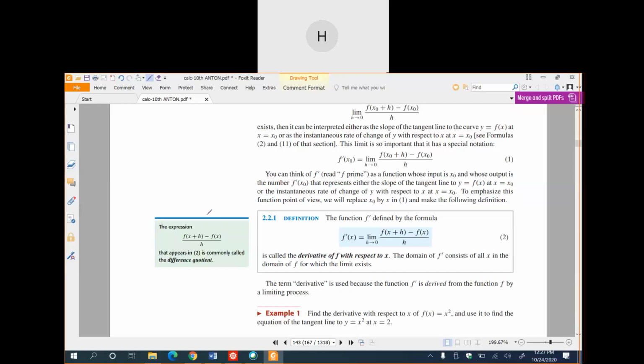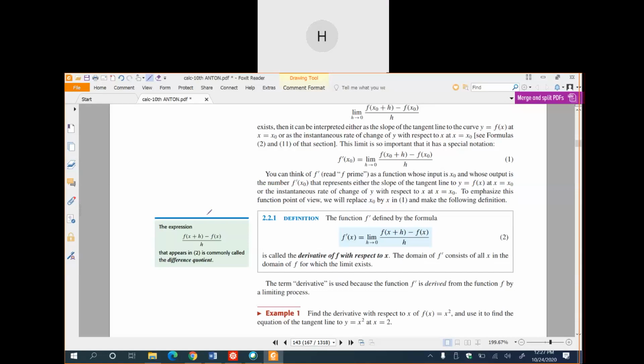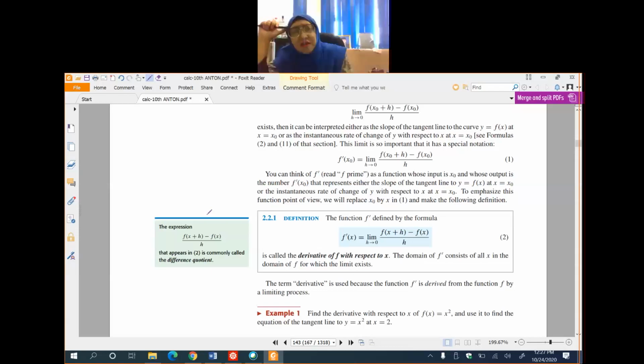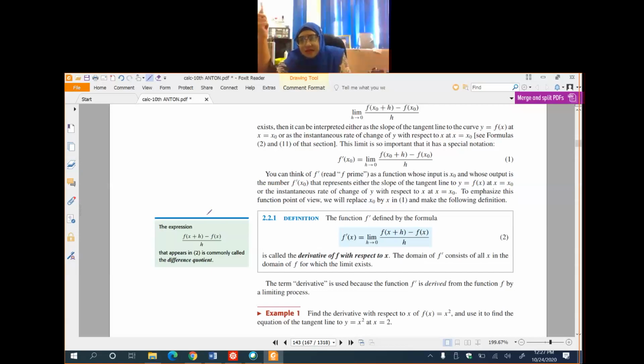If I have a problem with the question, can I personally send it to you, doctor, in the group? Sorry? You have to discuss with your friends first. You see, in mathematics, you will do a lot of exercises. I've done it before. If all of you, 100 students, cannot solve it, then you can come to me.